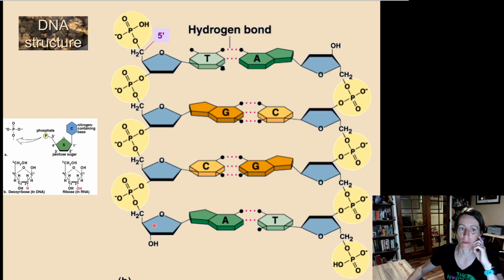Phosphate sugar backbone, bases sprouting off like the teeth of a comb. And then if we look on the other side, there's another chain on this side, phosphate sugar, phosphate sugar, phosphate sugar, going up and down here with these bases sprouting off from carbon number 1. Here's a purine, a guanine. Here's a cytosine. Here's an adenine.